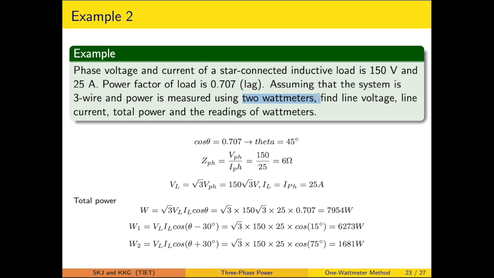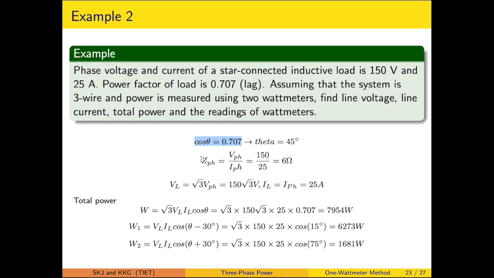We have to find the line voltage, line current, total power and the reading of the wattmeters. So when a 0.707 power factor is given, correspondingly the cosine relationship is known. You can calculate the theta value as it is coming out to be 45 degree.